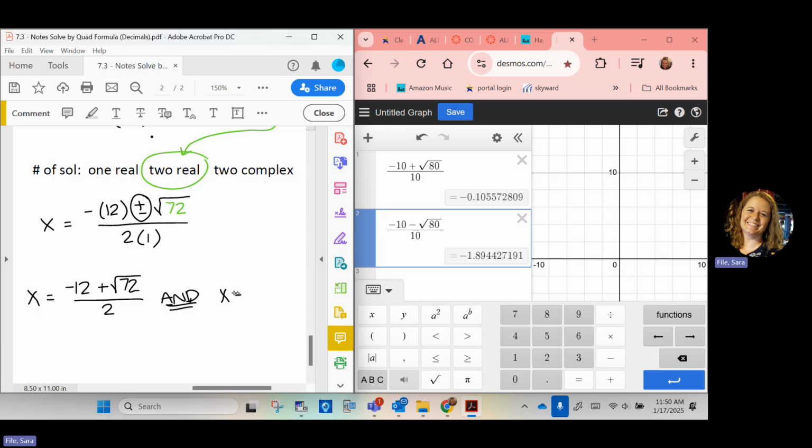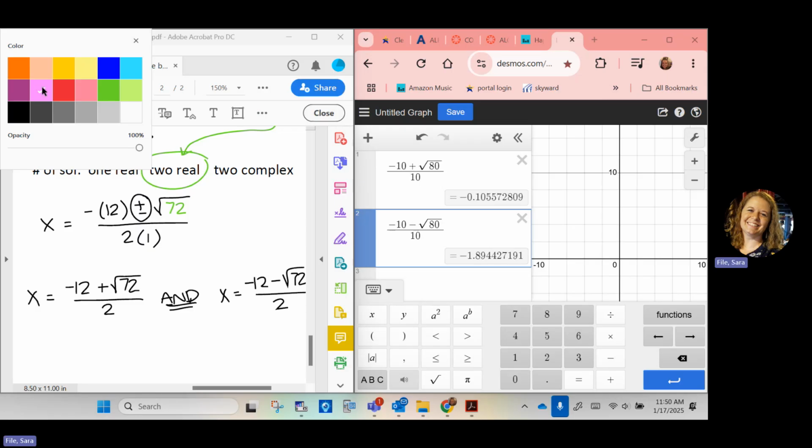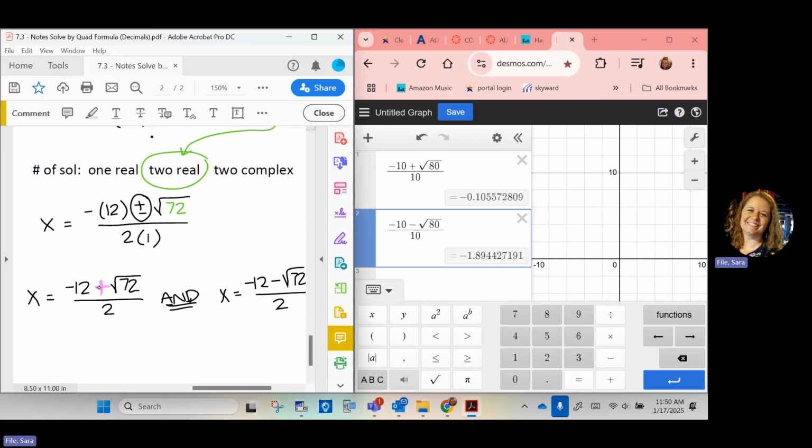And we're going to do it changing that to a minus square root of 72. I did one with a plus and one with a minus. So we're going to type that in, negative 12, square root of 72, and the denominator is 2.